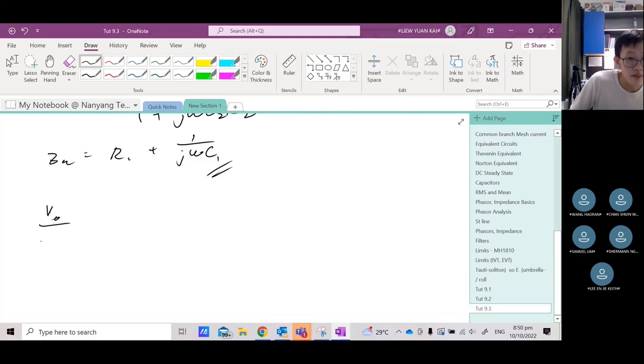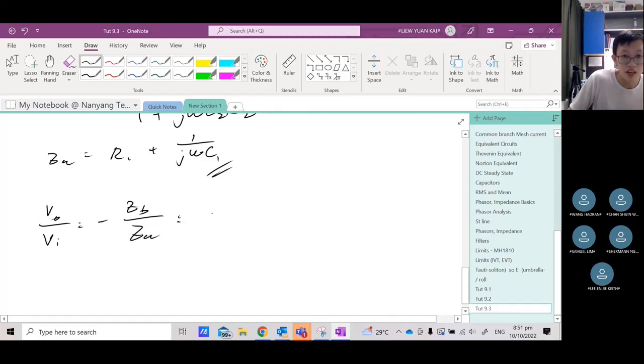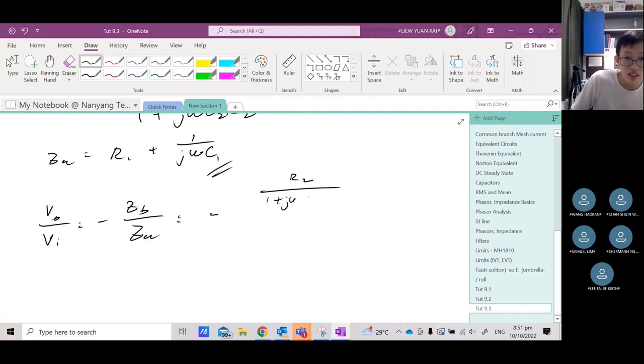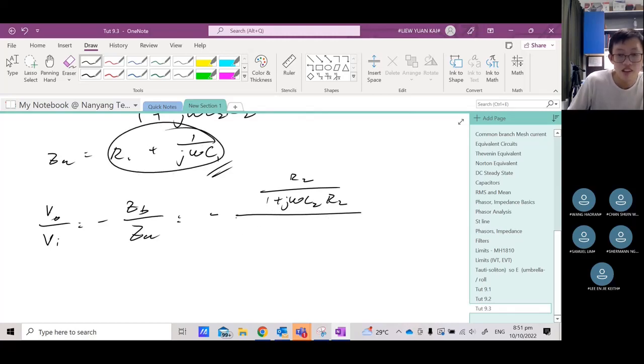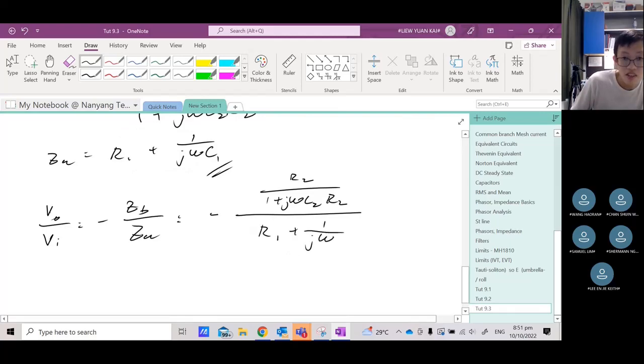So the frequency response is given by negative ZB over ZA. Our ZB is given by the one at the top, which is R2 over 1 plus j omega C2 R2, over this one, which is R1 plus 1 over j omega C1.